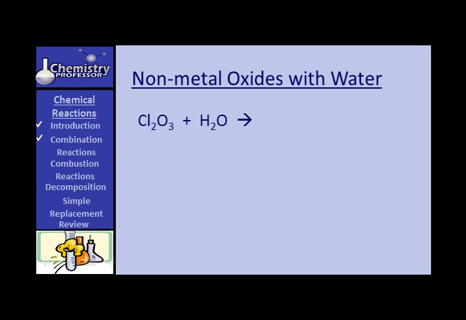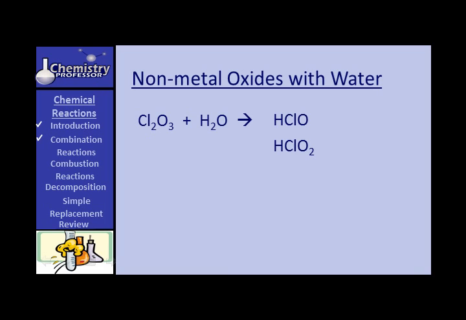Cl2O3 plus H2O is going to produce an acid containing hydrogen, chlorine, and oxygen. But do you remember that there are 4 of those? Let's see, there's the HClO, the hypochlorous acid, from the hypochlorite radical.